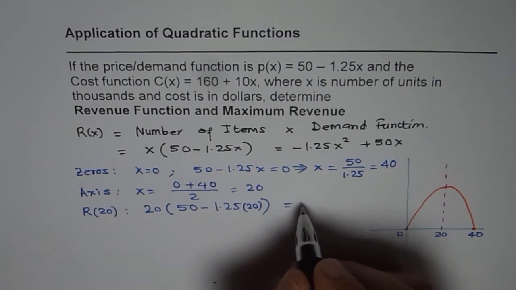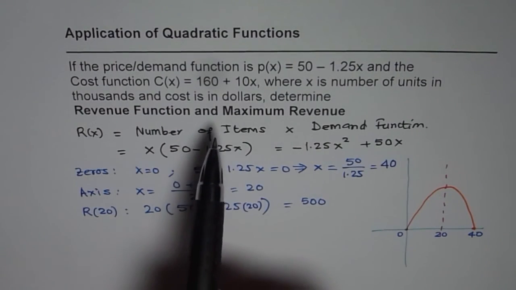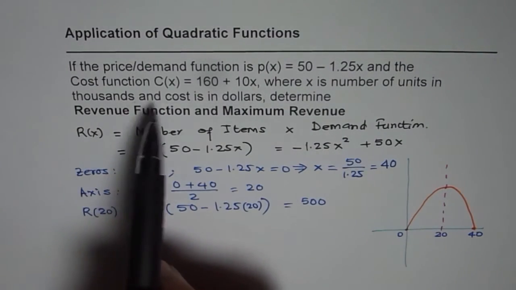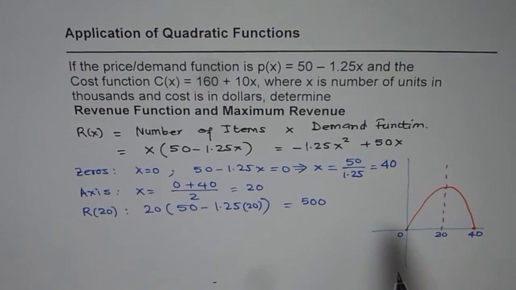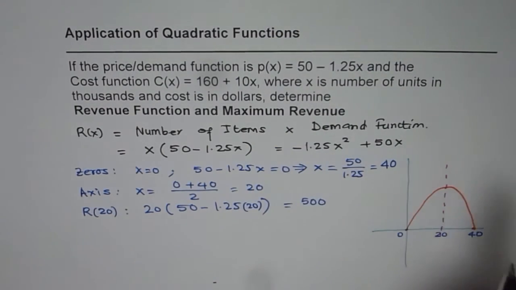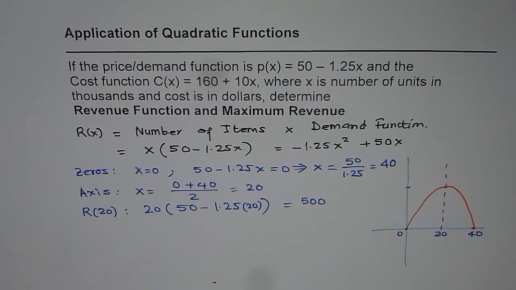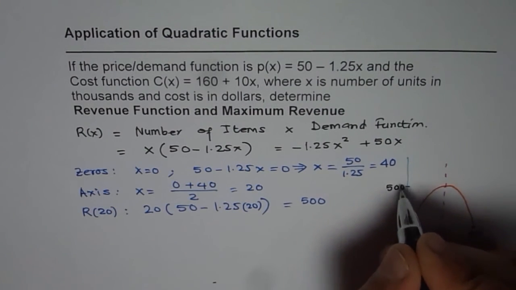So we get revenue of $500. Remember, in the question it is given where x is number of items in thousands and cost is in dollars. Well, in the main question given in the previous video, I forgot to type this, so I've added it in all these videos now. So the maximum value for us as we calculated is indeed 500. So that is the maximum revenue.